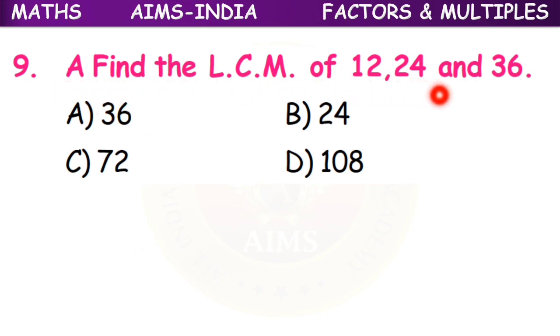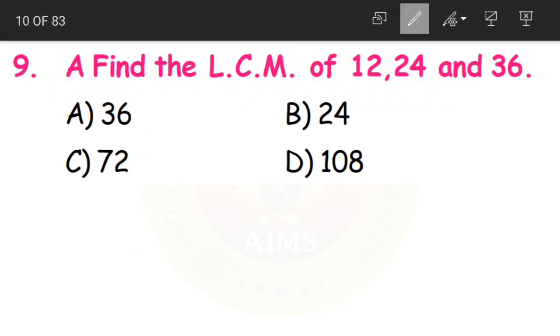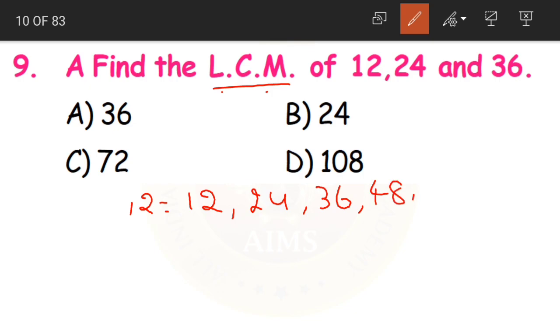Next, find the LCM of 12, 24 and 36. See, what are the multiples? LCM means least common multiple. The multiples of 12 are 12 ones are 12, 12 twos are 24, 12 threes are 36, 48, 60, 72.